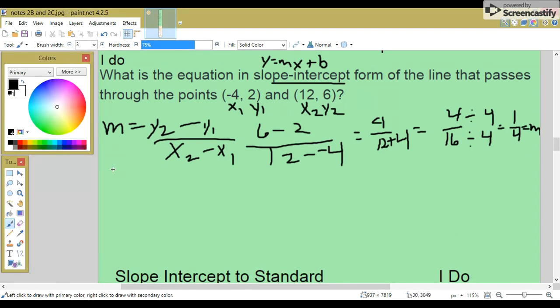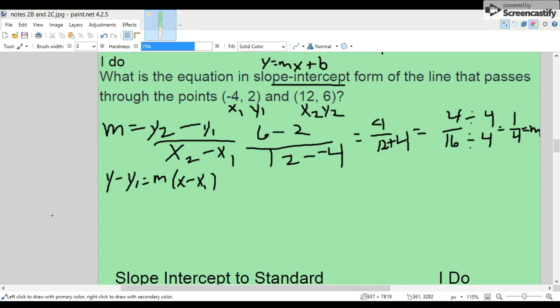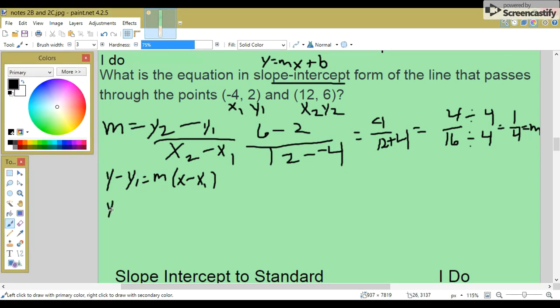The next step, we want to put in point slope form. So recall that equation, y minus y1 equals m parentheses x minus x1. So we have y minus 2 equals 1/4 parentheses x minus -4.